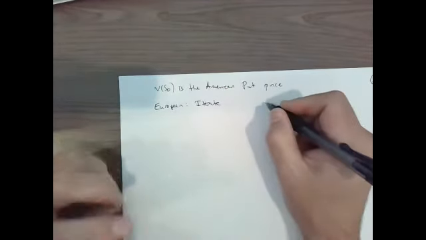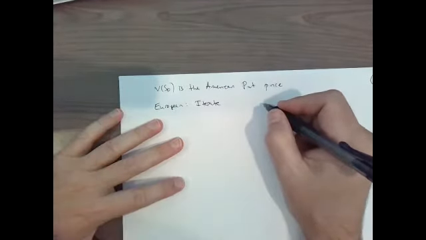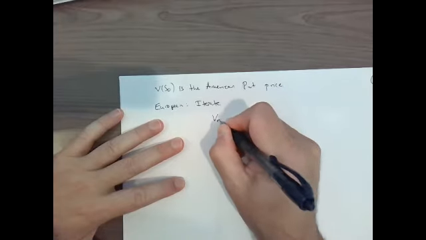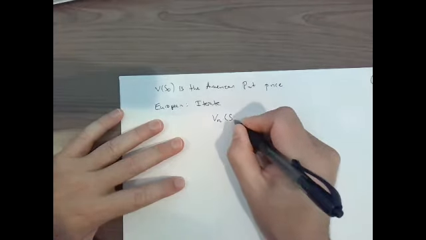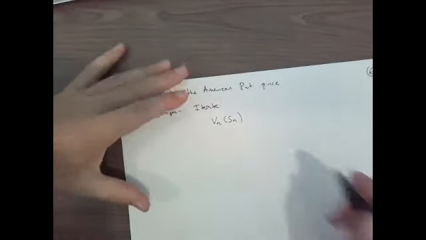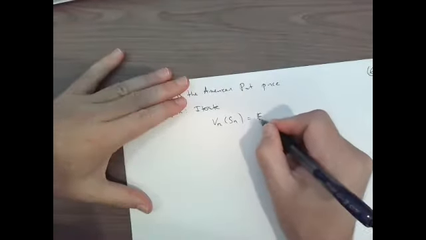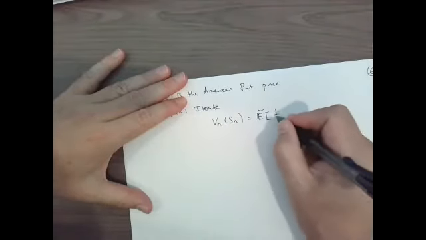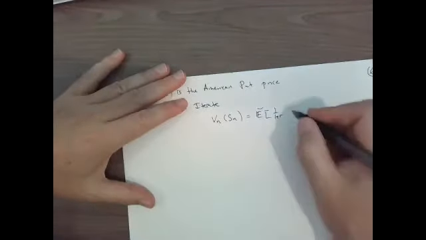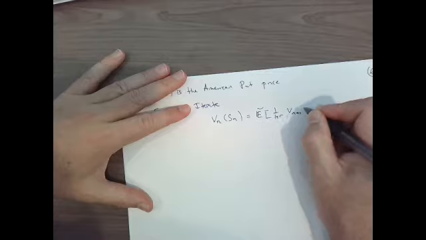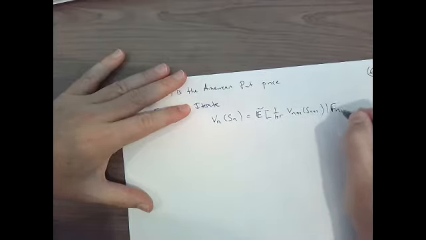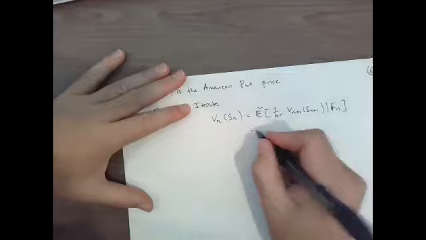So V_n of S_n would be the conditional expectation of 1 over 1 plus r of V_{n+1} of S_{n+1} given F_n.